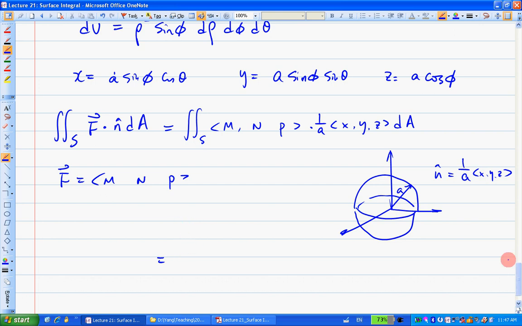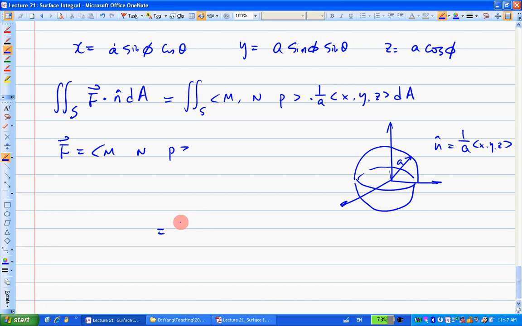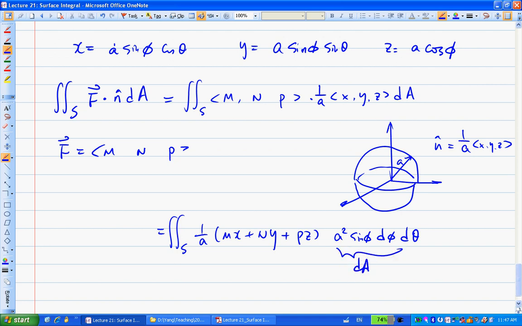This is a bit of a long expression, so I'm just going to write M. There's 1 over a over here, times Mx plus Ny plus Pz, and dA you change to a squared sine phi d phi d theta. Okay, so this is dA.